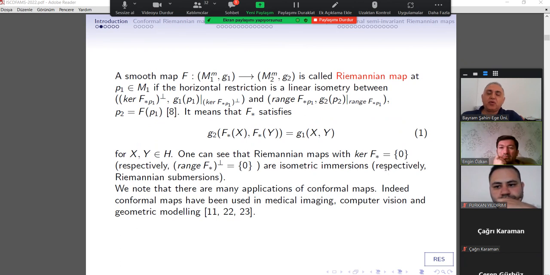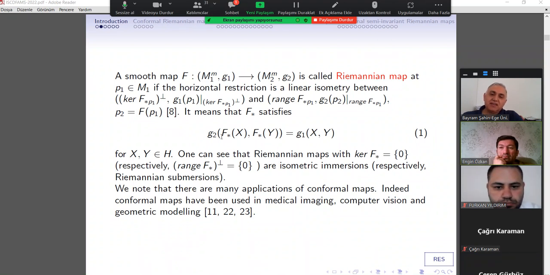Okay, here is the formal definition. We have two Riemannian manifolds, M1 and M2, and there is a map F between them. We denote the perpendicular space to the kernel of F star by (kernel F star) perpendicular, and the range of the derivative of this map by range F star.